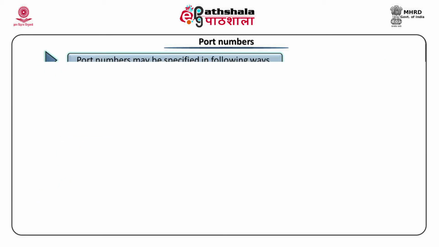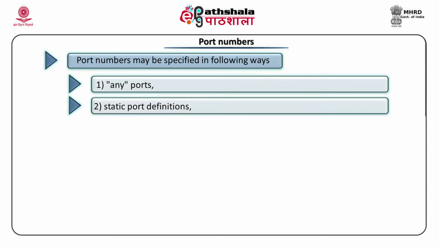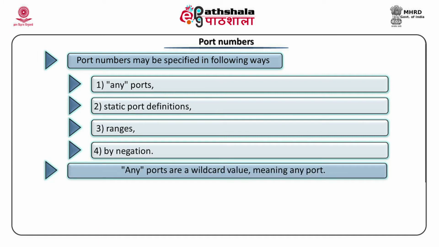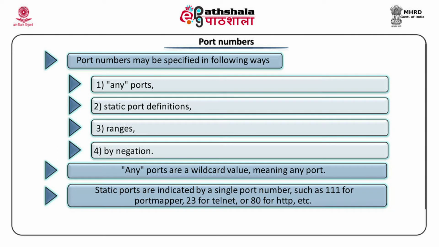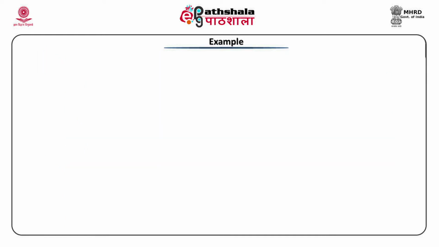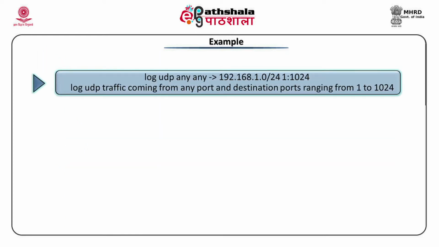This rule's IP address indicates any TCP packet with a source IP address not originating from the internal network, that is not starting with 192.168.1, and the destination is the internal network, that is 192.168.1.0 to 192.168.1.255. Port numbers may be specified in a number of ways, including any ports, static port definitions, ranges, and by negation. Any ports are a wildcard value, meaning literally any port.